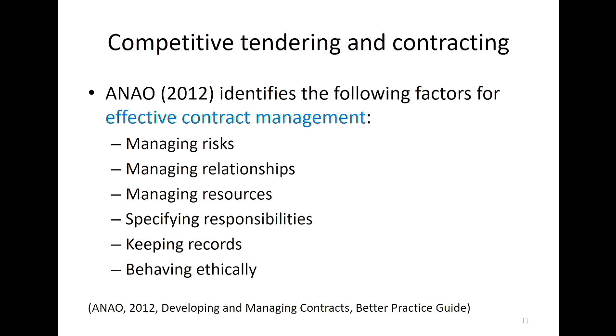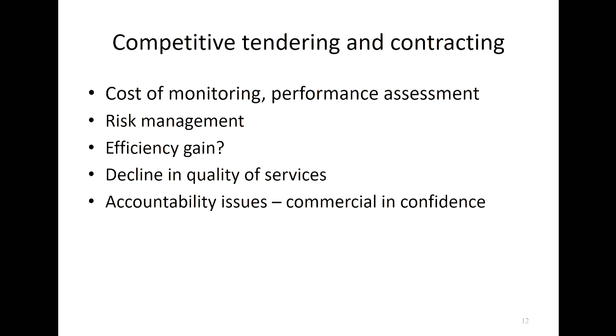Okay. All right. So in summary, right, these are some of the key points about competitive tendering and contracting. So there might be a need for monitoring and assessing the performance of the private sector partners. So it's quite important to monitor the performance of the private sector partner, and how to effectively monitor the performance, right? So it's an important issue, right?